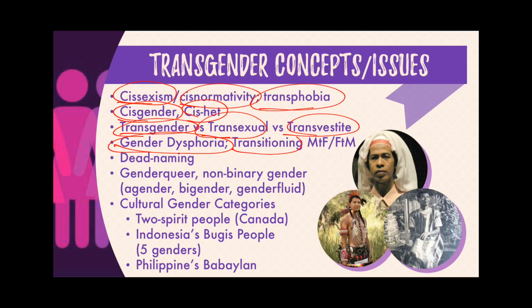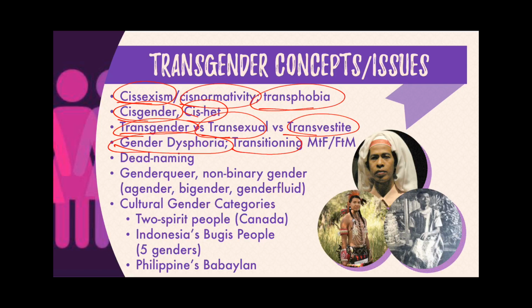One of them is hormone therapy. So if you are a transgender man and you want your bodily characteristics to be that of a male, then you take testosterone. And for trans women, you want your bodily characteristics to be aligned with your female identity, you take hormone replacement therapy such as estrogen.